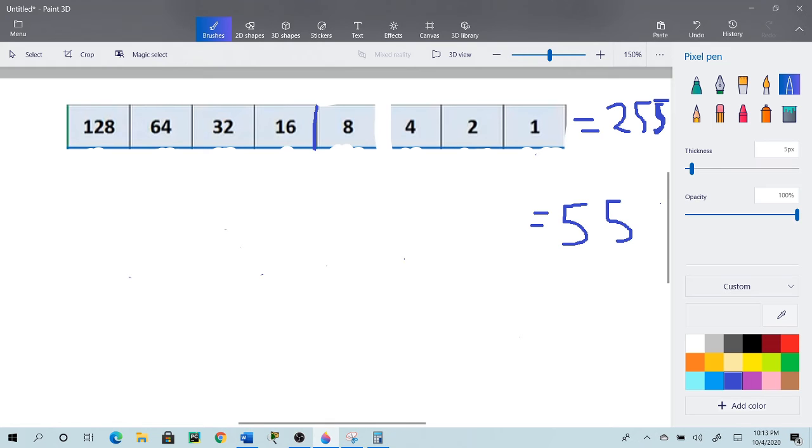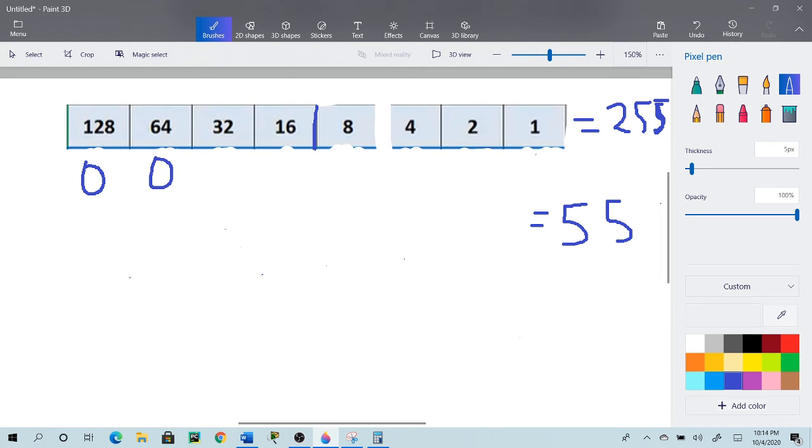So without wasting time, we use the same logic using the table, from 128 all the way to 1. If we are looking to get the number 55, are we considering 128? Definitely no, because 128 is way too high compared to 55. So we write 0. Are we going to consider 64? No, 64 is way too high. So we write 0.